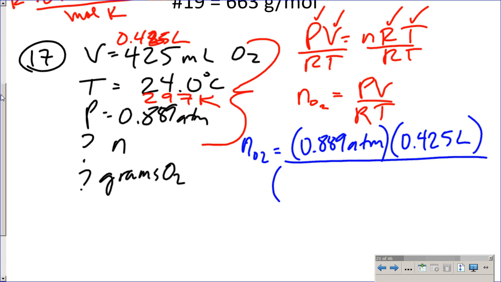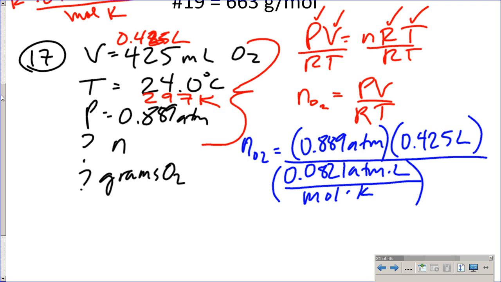R is the big honking one, right? So here I'm writing it. 0.0821 atmosphere liters per mole K. It's a fraction in the denominator. Deal with it for now. I'll cancel out units in a second. And T, which is 297 Kelvin.